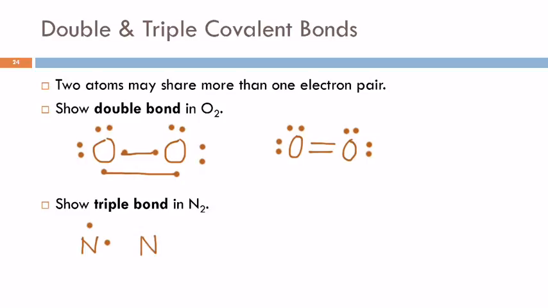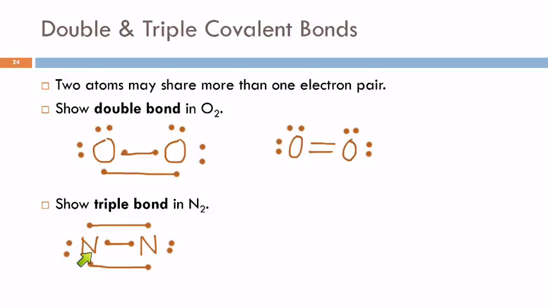How many valence electrons does each nitrogen have? 5. 1, 2, 3, 4, 5. 1, 2, 3, 4, 5. I'm looking ahead to what I'm going to do, and so I'm drawing the dots in a particular way. Well, what's going to happen here? Here's a clue, triple bond. They each share 3 electrons with the other nitrogen atom.